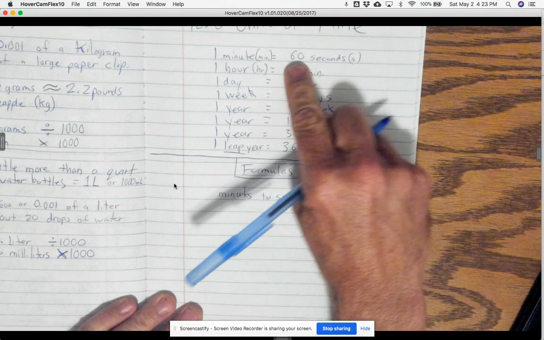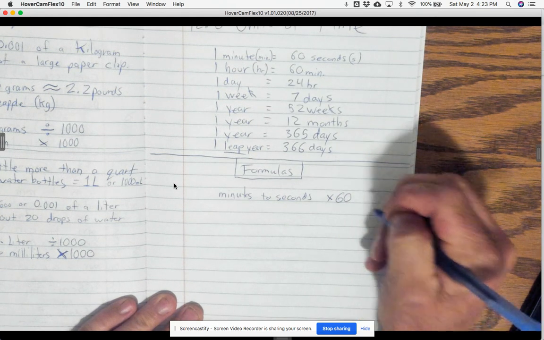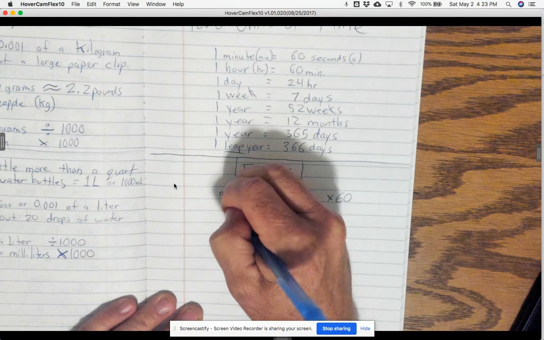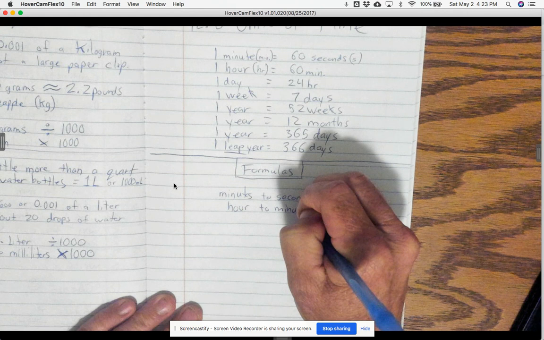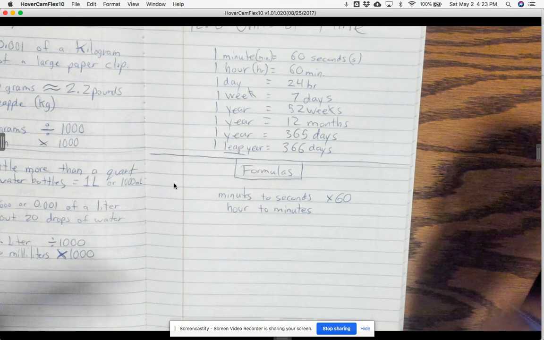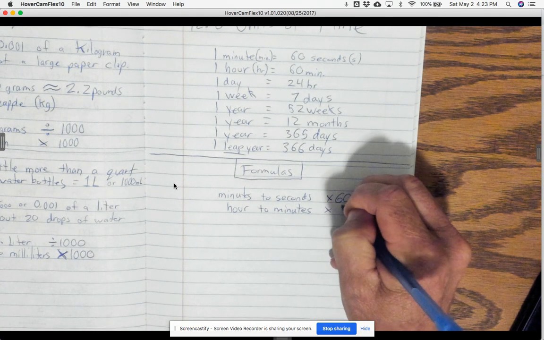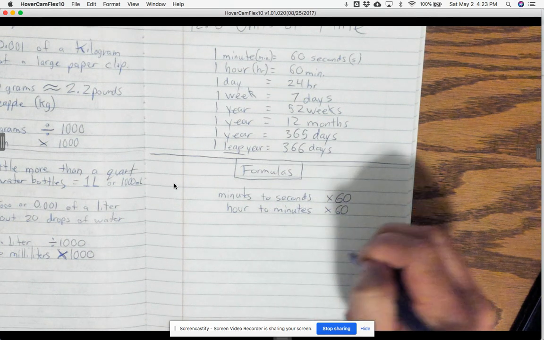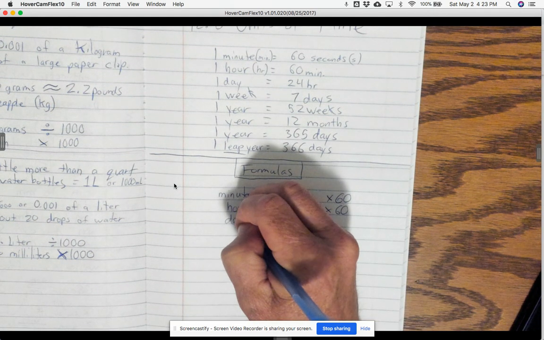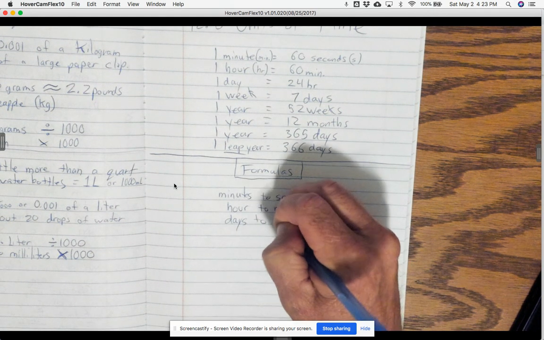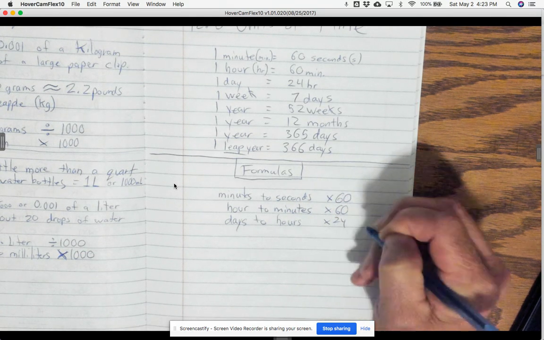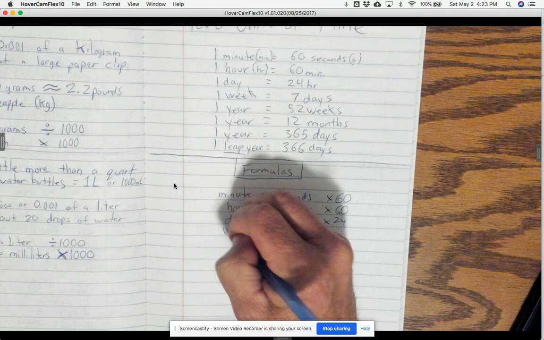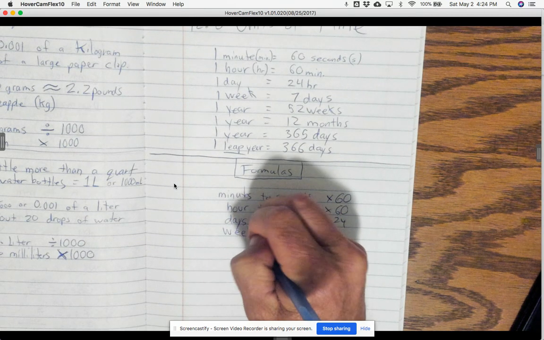So all of these are going to be multiplied. Multiplied by, it tells us up here, 60. Hour to minute. Just got to think how many minutes are in an hour. 60. Days to hours. How many hours are in a day? 24. Formula for weeks to days.